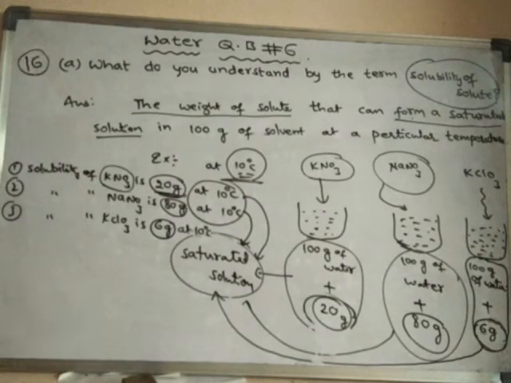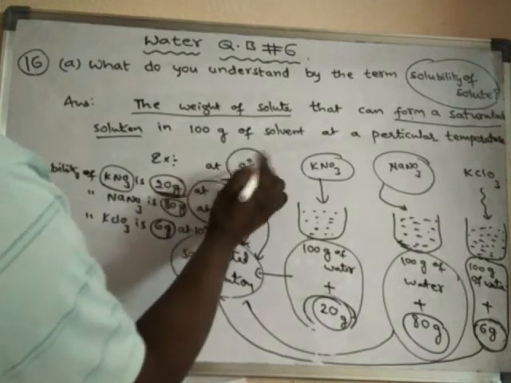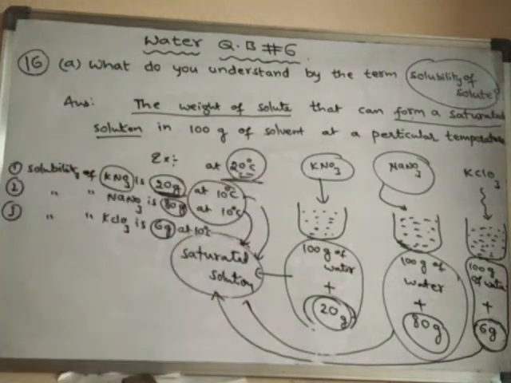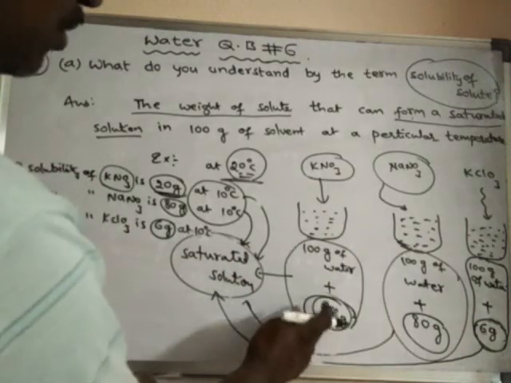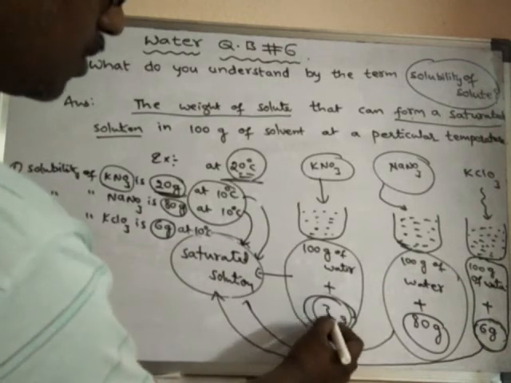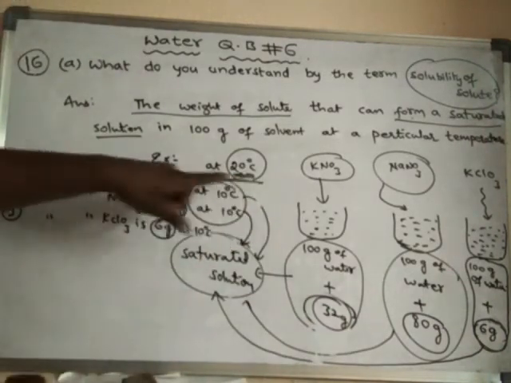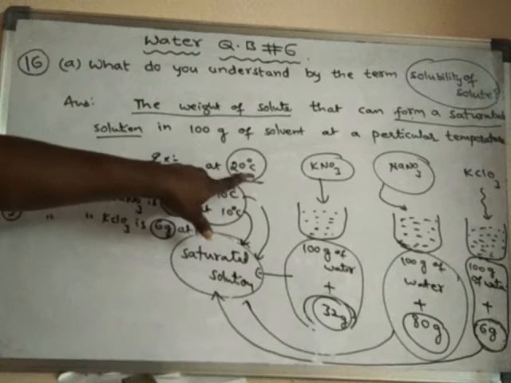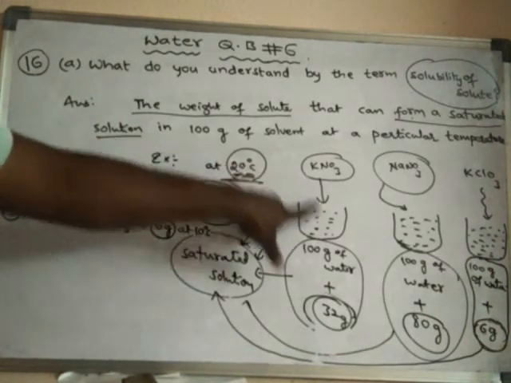Suppose at 20 degrees centigrade, how much potassium nitrate do I require? I require 32 grams. When the temperature is changed from 10 to 20 degrees centigrade, the solubility of KNO3 is 32 grams.